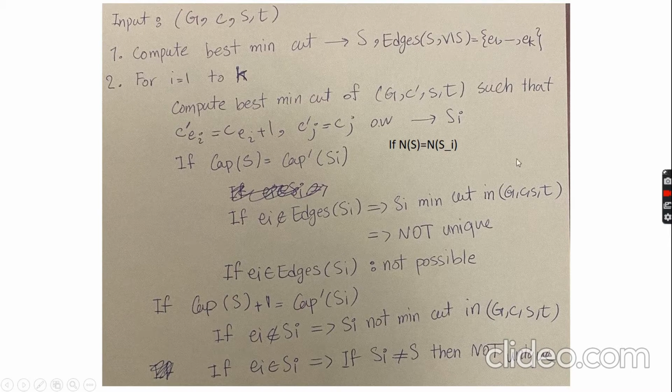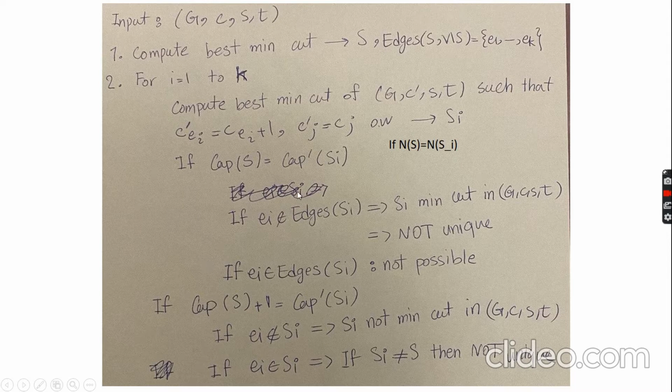Now, again, have in mind, we only consider this whole thing if the number of edges in S and Si is the same. If it's not, then it's not going to be a best min cut for us, so we throw it away and we move on to the next Si. We increase our i.